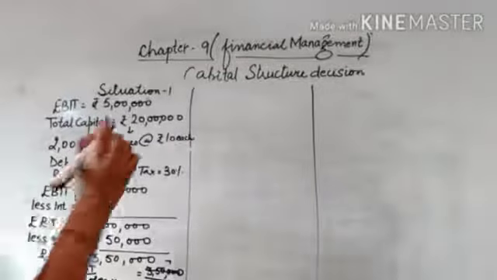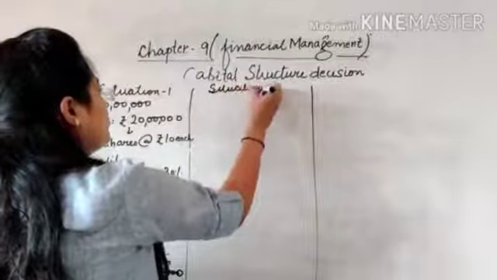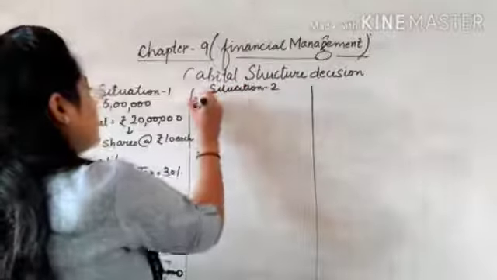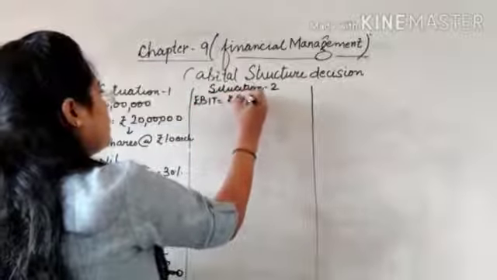Next situation. Situation 2. EBIT rupees 5 lakh.